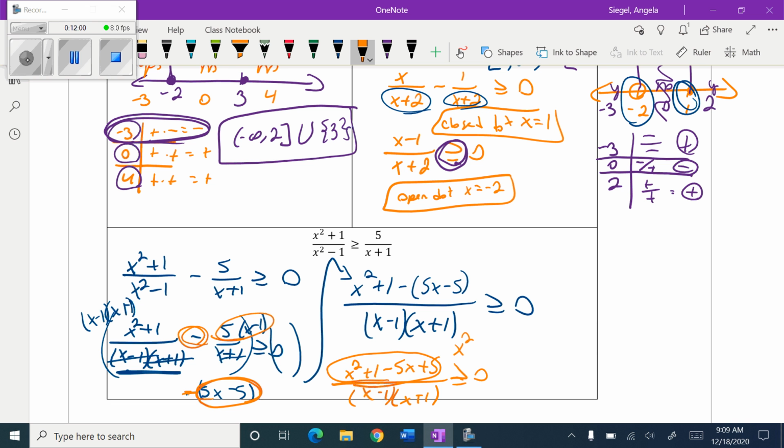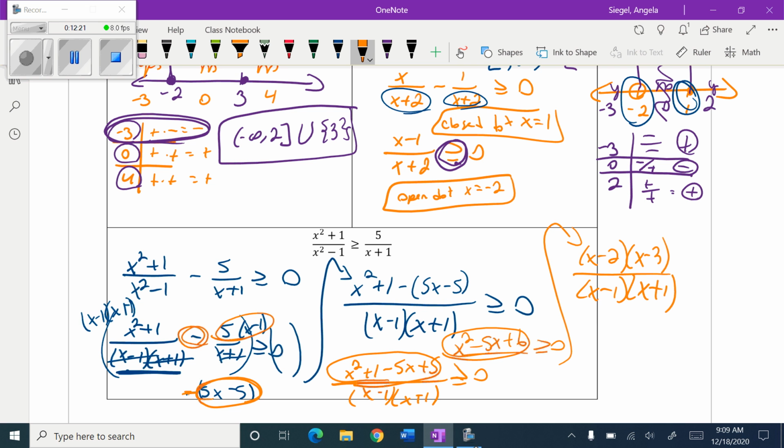So I have x squared minus 5x plus 6 over the same thing is greater than or equal to 0. So I can factor that. I'm going to get x minus 2, x minus 3 over x minus 1, x plus 1. Okay, so if you'll notice, I have 4 types of boundaries.